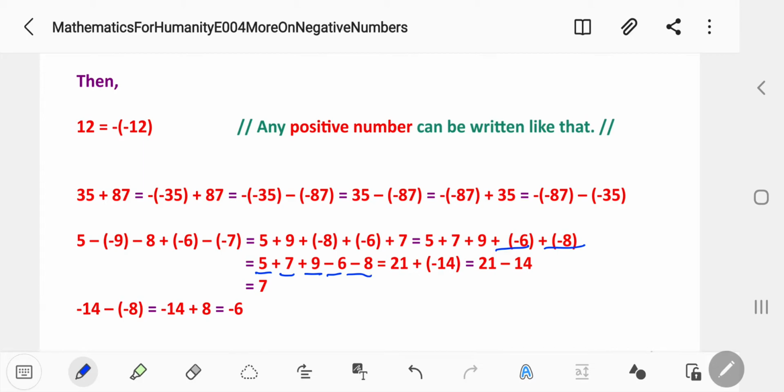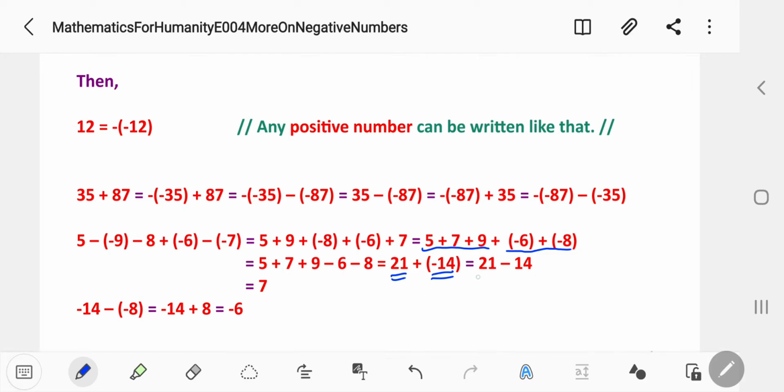That's one. So what you do to simplify this one is that you can combine the positive numbers, then you can also combine all the negative numbers, to make your life easier. So here you can combine 5, 7, and 9. 5 plus 7 is 12, plus 9 is 21. And then you have negative 6 plus negative 8 is negative 14 if you use the subtraction gadget.